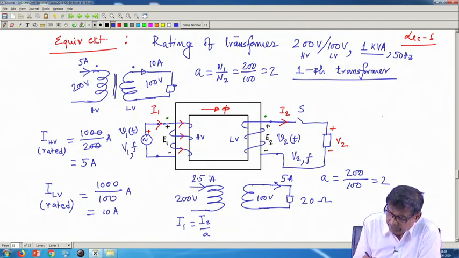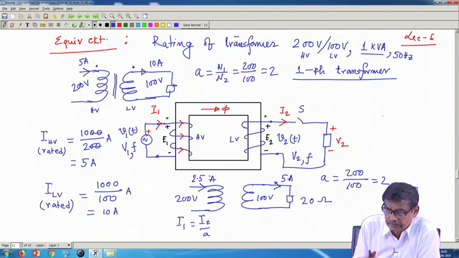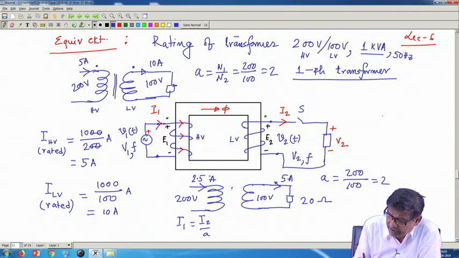I have used HV as my source side, source I have connected to HV. I could also connect source to the LV side, you try that. So, henceforth I will draw this circuit instead of drawing all the time this and getting the result. So, this will be the thing.